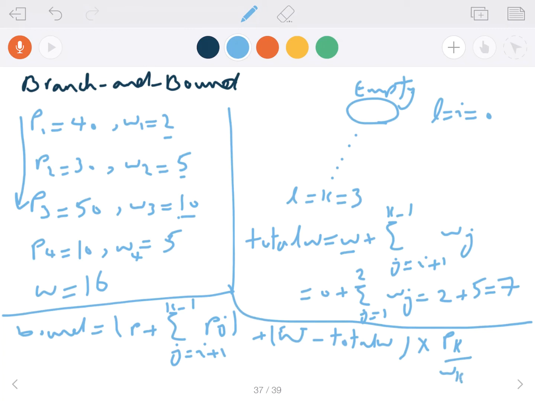Okay, so let's change this one because I don't want to get confused with this W that we have here. So I'm going to rename it, let's call it WE. That is the weight that we had up to item I. Now the bound says what our previous profit up to level I is, plus how much we gain by adding items from I plus 1 up to k minus 1.